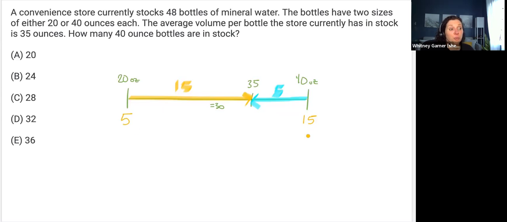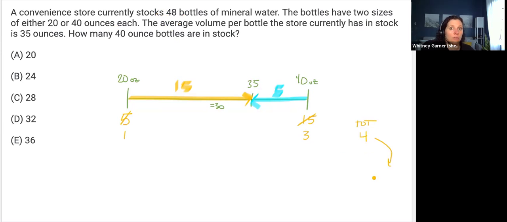In other words, I have 3 times as many 40-ounce bottles as 20-ounce bottles. I'm going to reduce this ratio. This is a ratio of 1 to 3. 3 times as many. So out of every 4 bottles, 3 out of 4 are 40 ounce, 1 out of 4 are 20 ounce. I have a total of 48 bottles.